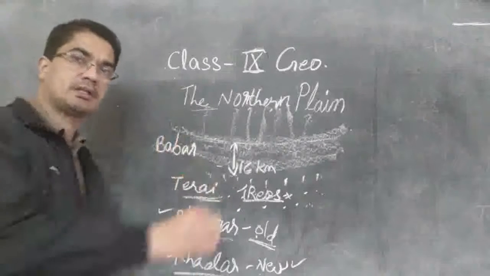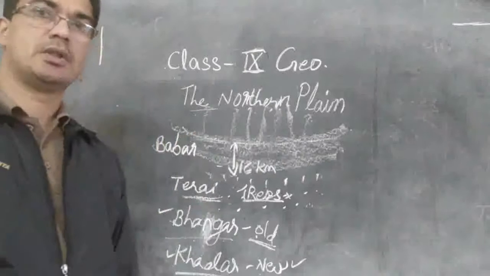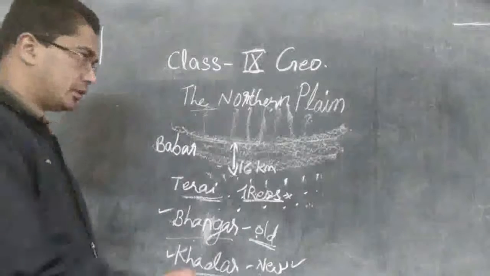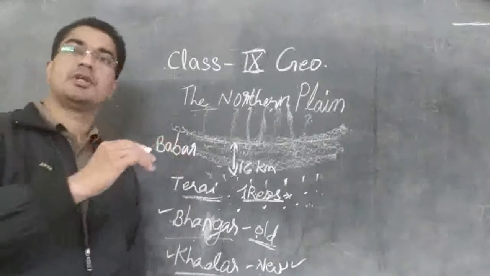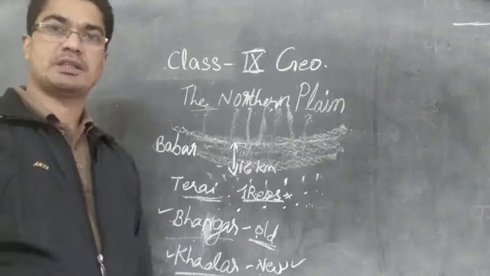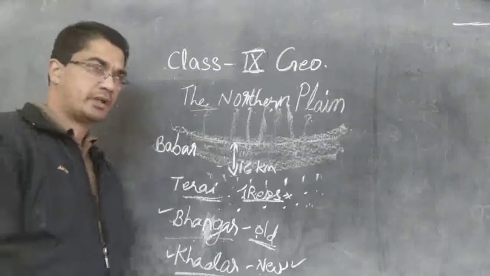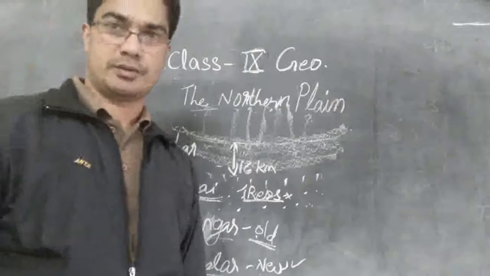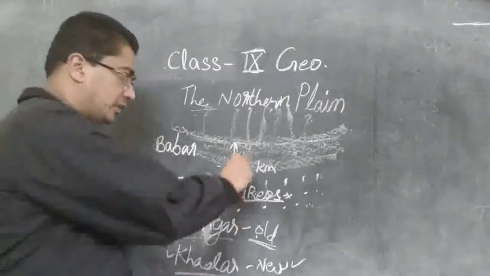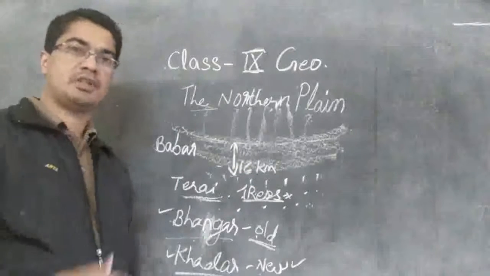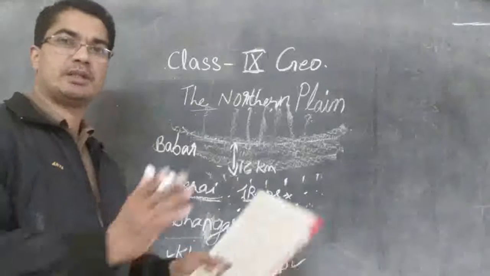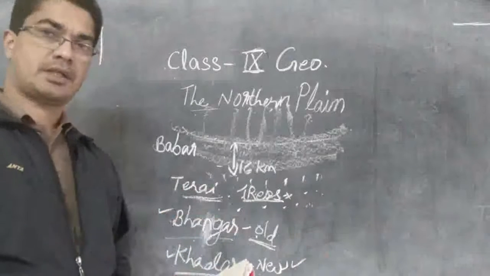They are brought down by these three rivers called Indus, Ganga and Brahmaputra. And the plain in the Punjab area is created by the river Indus. Since it is in the area of Punjab, it is known as Punjab Plain. And a major part of this Punjab Plain is lying on the Pakistan side.